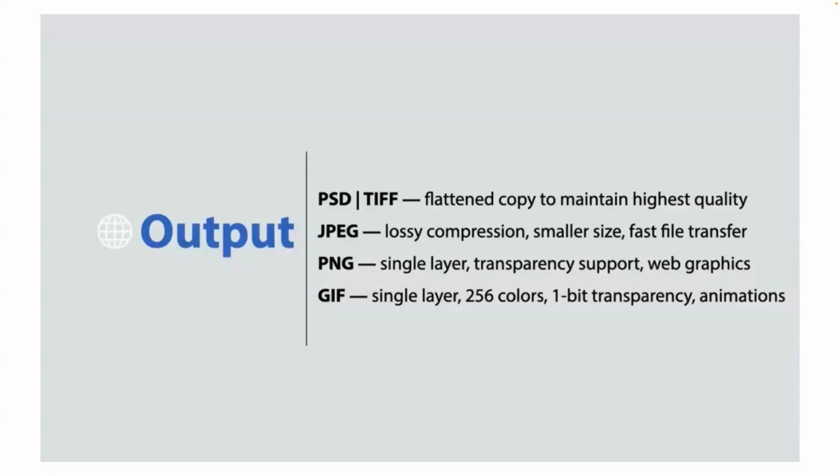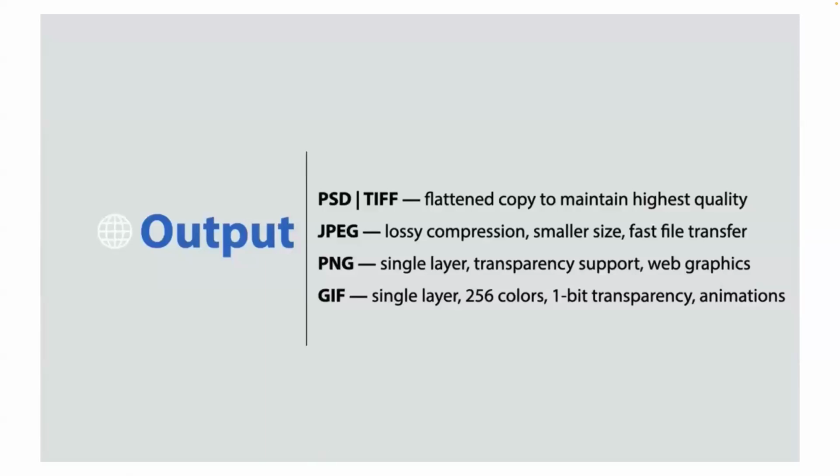It can do transparency, but it's what's known as 1-bit transparency. So the pixel is either fully opaque or fully transparent. With PNG, you can have a pixel that's 50% transparent. That's how you can get those soft edges and make sure everything's smooth.